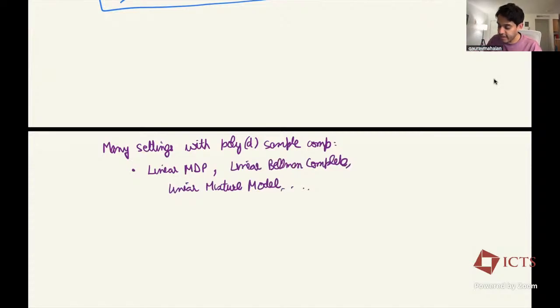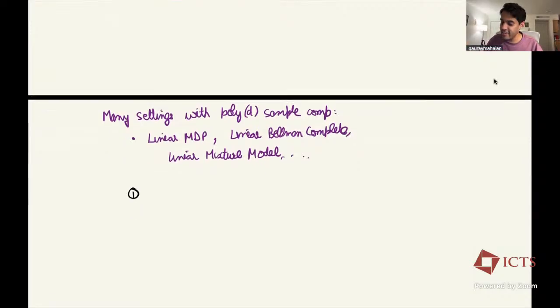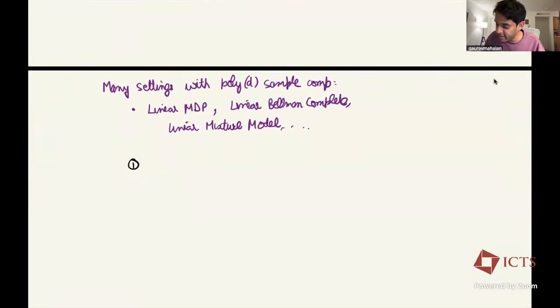Okay, but surprisingly, there are just two algorithmic ideas which get you polynomial sample complexity in all of these. So there's one single algorithm which basically works everywhere, and it's based on these two ideas.